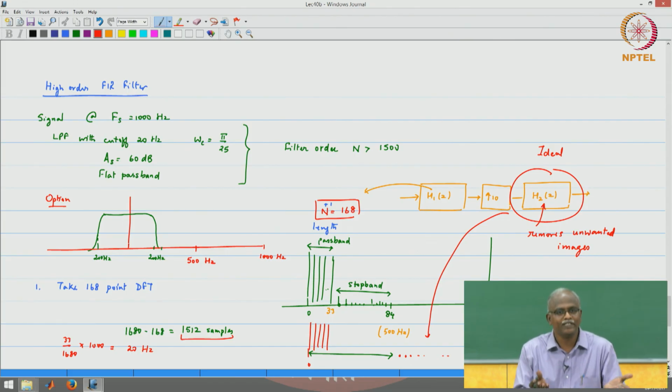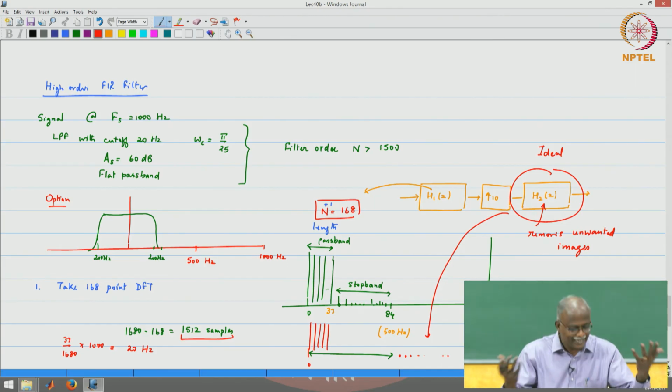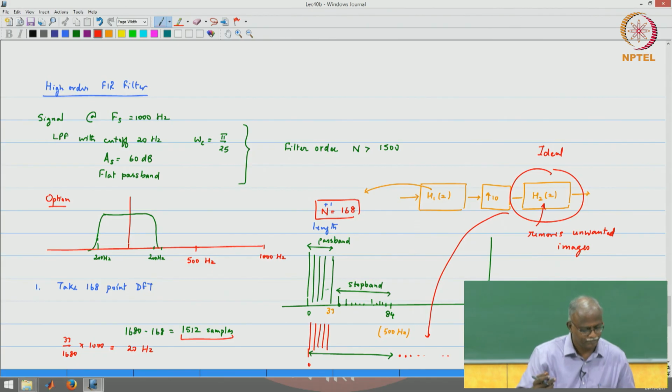Basically it was one inverse DFT, and you incorporated two techniques that we have learnt. One is the interpolated FIR technique. The second is using the FFT to your advantage, so that you do not have to actually do the physical interpolation. It comes out as an inherent advantage in the system.